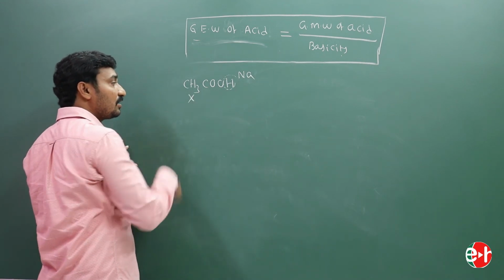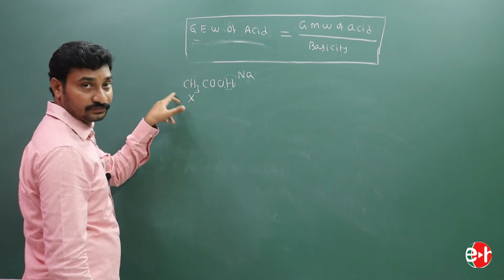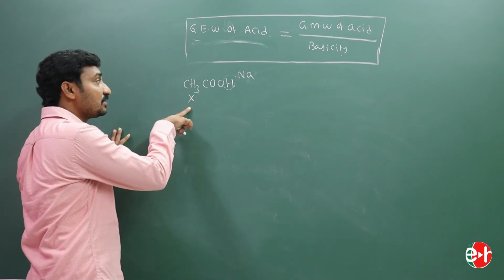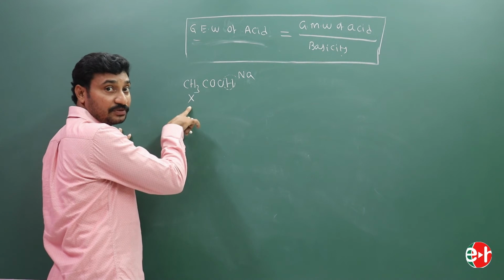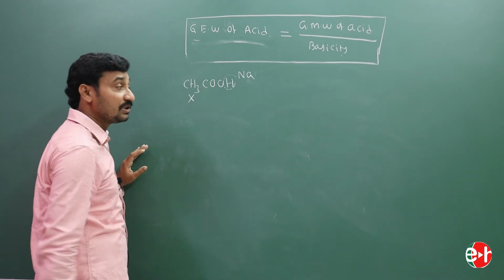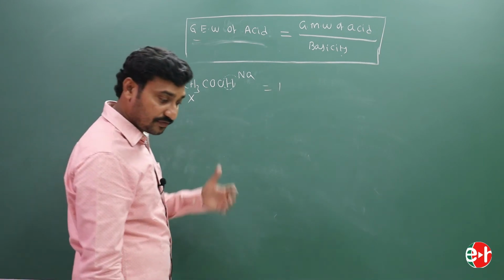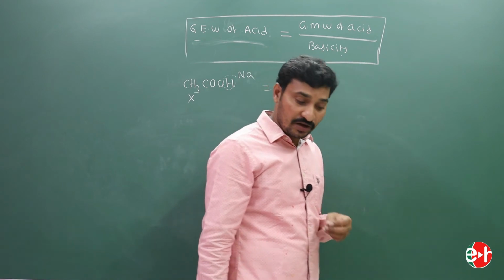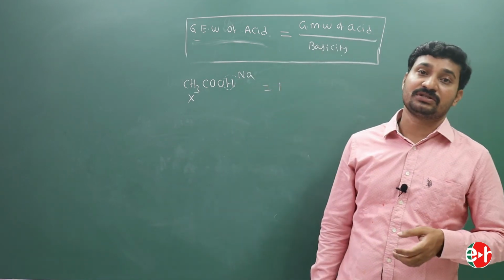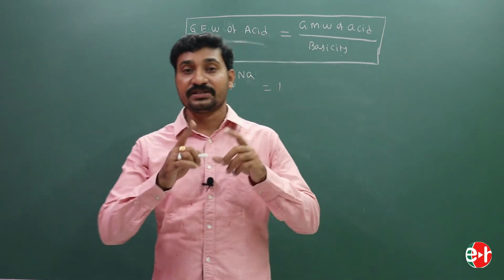These 3 hydrogens are attached to carbon, so they are not replaceable. That's why basicity is 1, not 4. Got it? So finally, what is basicity? The number of replaceable hydrogens present in one molecule of acid is called basicity.